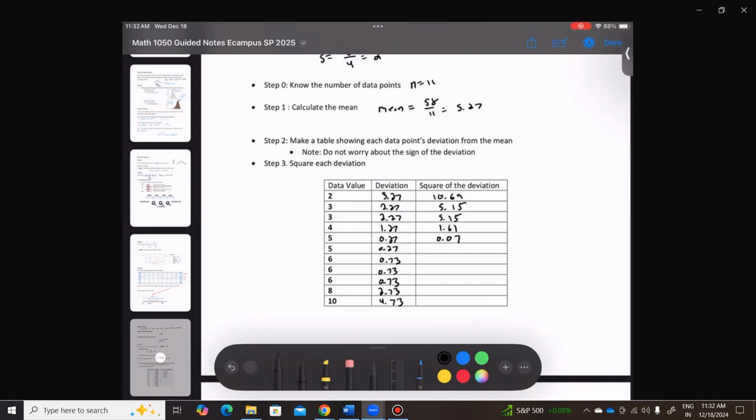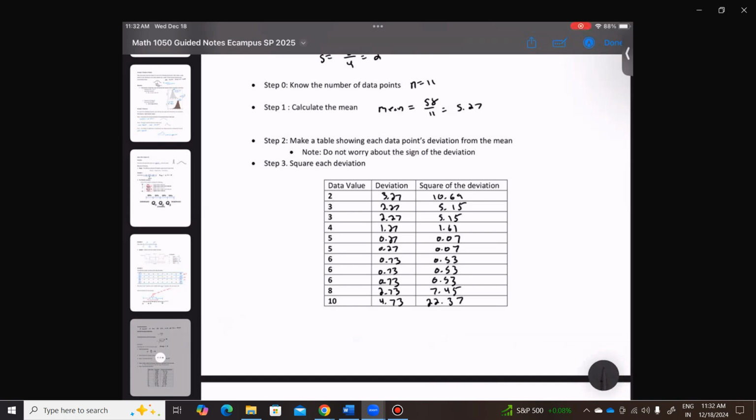And there's 2 of these. 0.73 squared is 0.53. 2.73 squared is 7.45. And 4.73 squared is 22.37. All right, and then we add up the total.